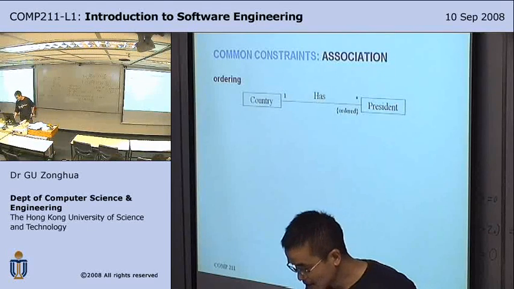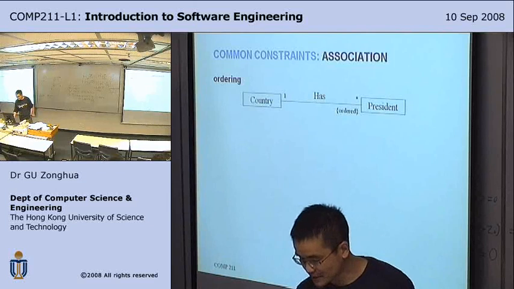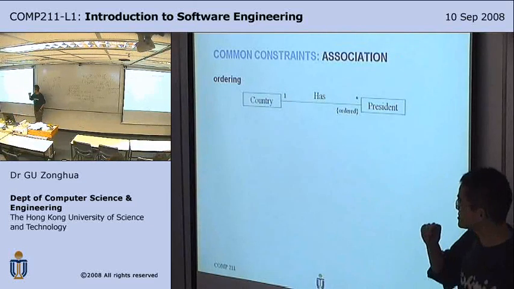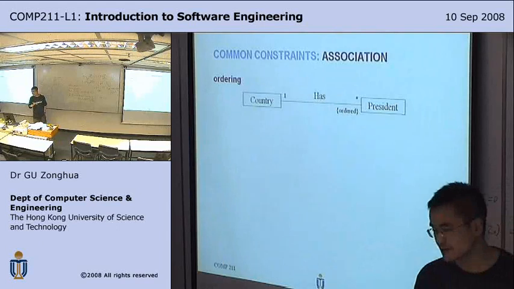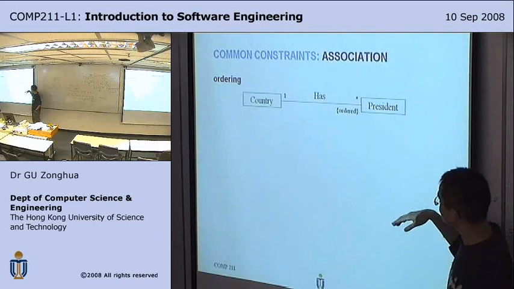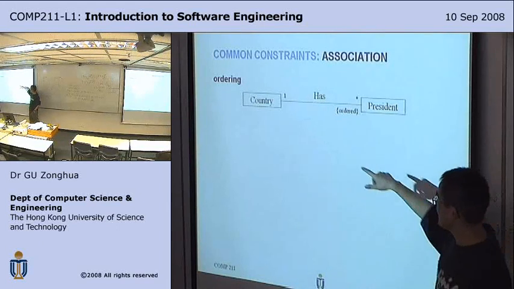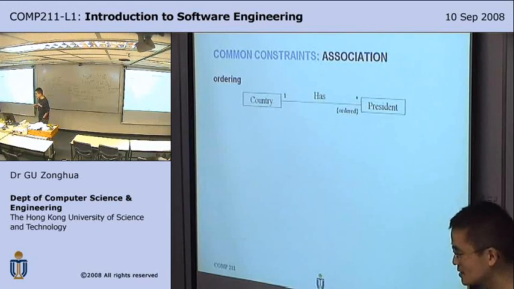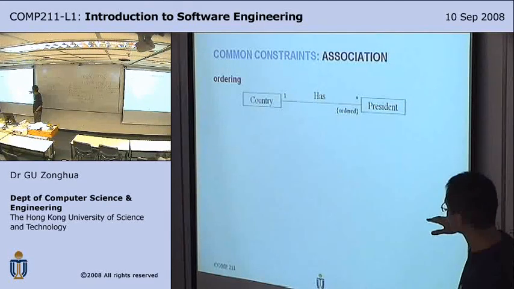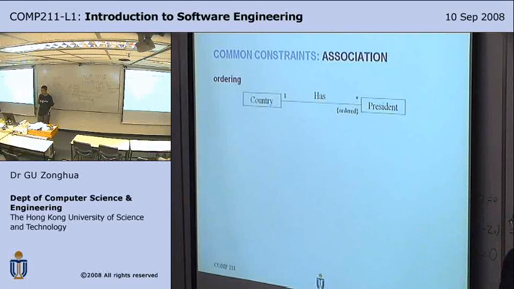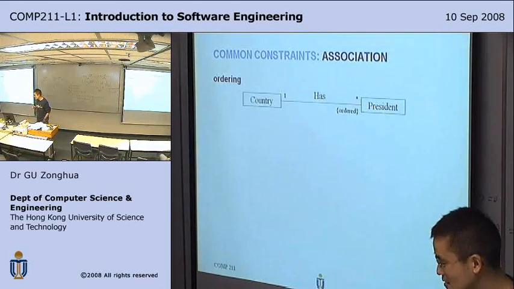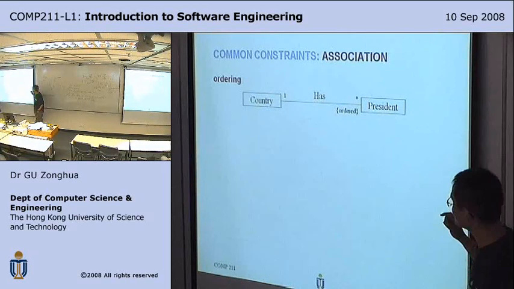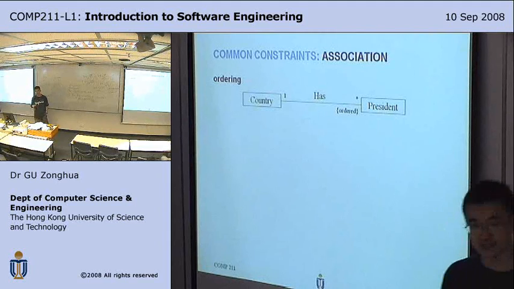So, common constraints. First of all, the multiplicities are constraints already. Country has president. Country has multiplicity 1, which means that every president must be for one and exactly one country. A president has multiplicity star, which means that a country can have 0 or more presidents.